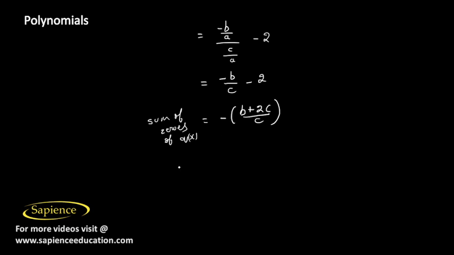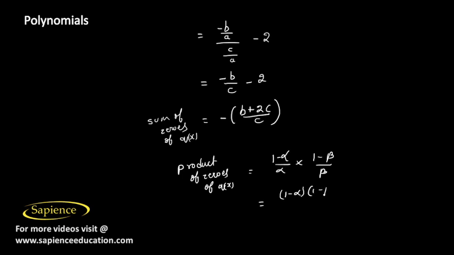Now we can find out the product of the zeros. The product of zeros of q(x) will be (1 − alpha)/alpha into (1 − beta)/beta, that is (1 − alpha)(1 − beta)/(alpha beta).